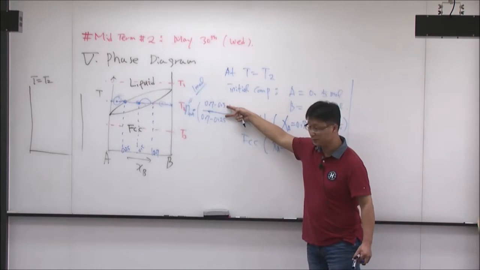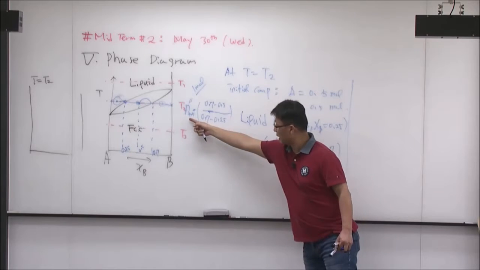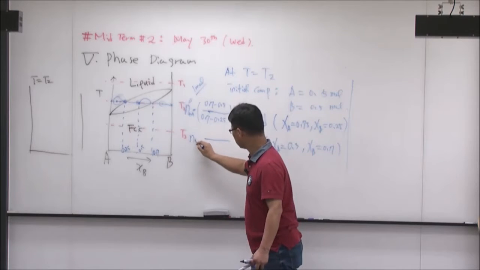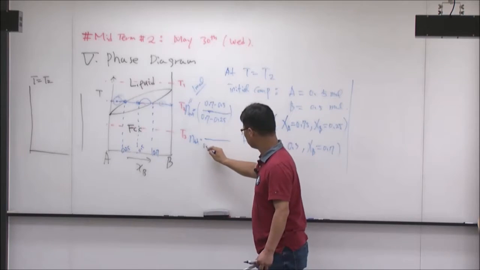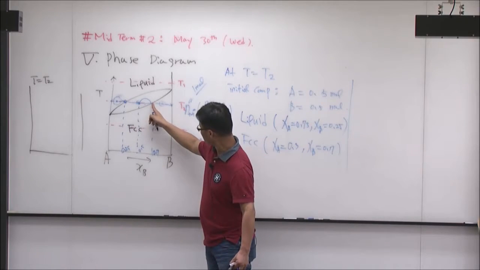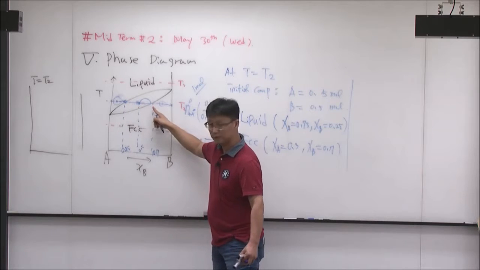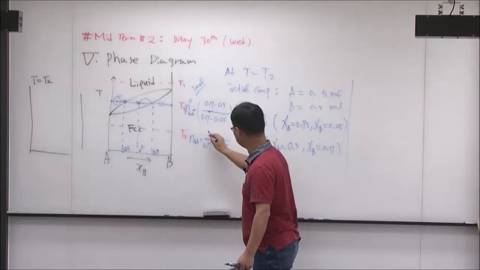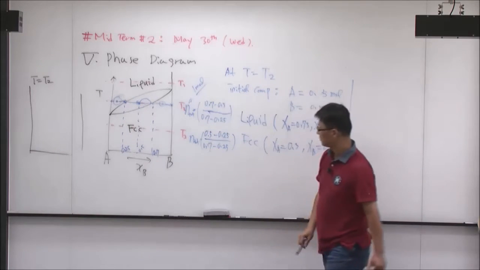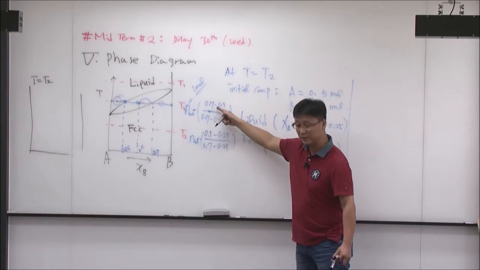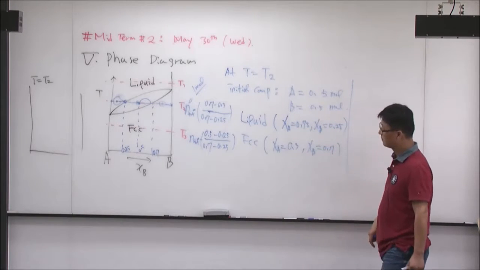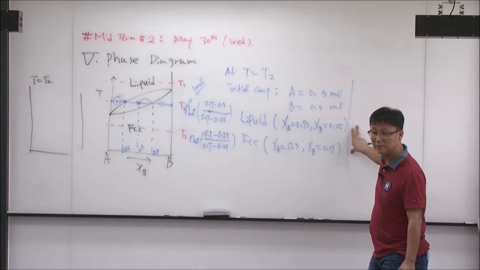Same thing for FCC: from the FCC point of view, this distance divided by the entire distance, 0.5 minus 0.25, over 0.7 minus 0.25. Of course, this is x, this is 1 minus x. These two together should be 1. So this is the answer I want.